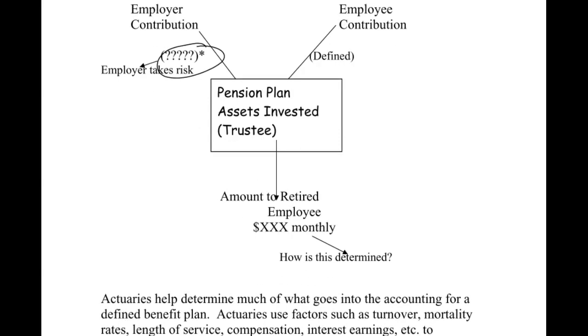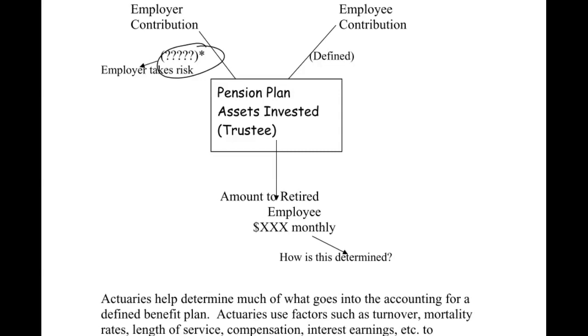Basically, what we're going to do is look down here. It talks about actuaries. Actuaries are going to help determine how much we need to fund into these plans. So there'll be a number that the employers are going to contribute to the plan. However, the employer is assuming the risk.